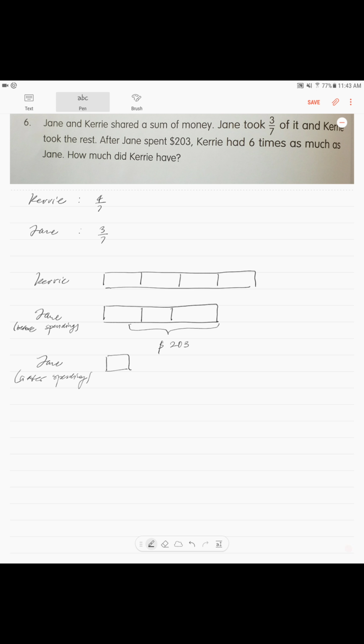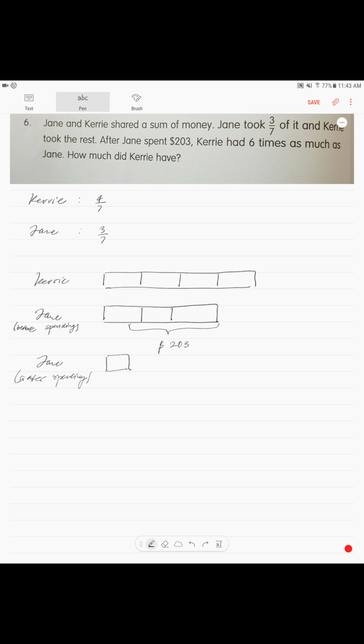And now Carrie has 6 times as much as Jane. Carrie has 6 units like this, right? Now we need to really understand how we can split it up so that this part becomes 1/6 of this part. And yeah, this is the challenging part.